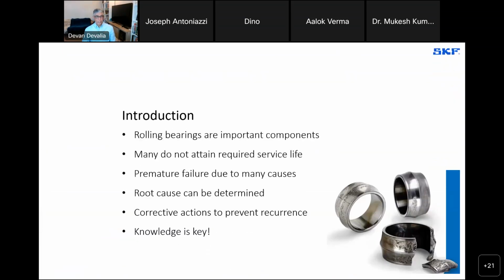So the quick intro: rolling bearings are critical components in rotating equipment, as we all know. Exacting demands are put on them: load carrying capability, running accuracy, noise levels, frictional losses, life, reliability. Over the years, there has been extensive research into how to improve the performance of rolling bearings, and it's almost developed into a science of its own.